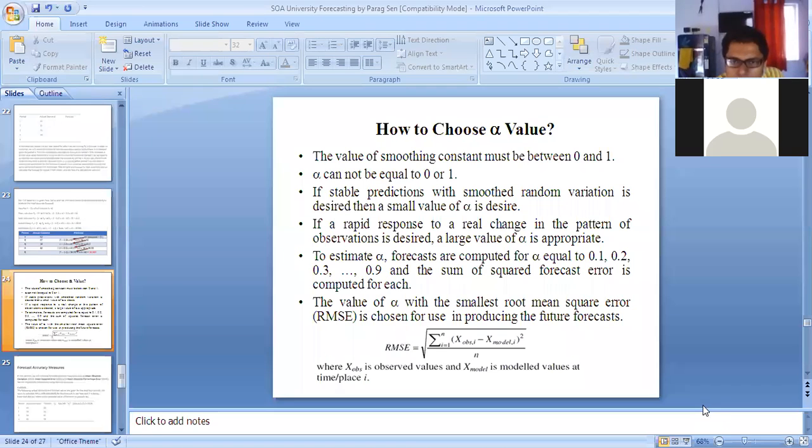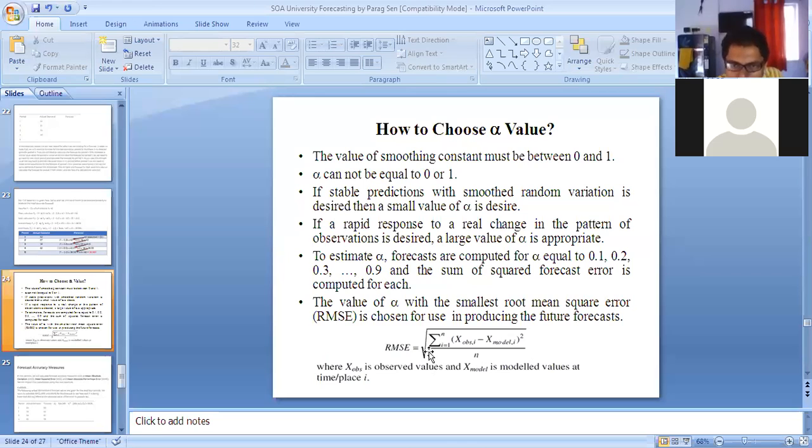Because what is root mean square error? From the name itself you can understand that you plug in all these values and find the difference between the actual value and the forecasted value. That is known as the error. Then you square it, so that is the squared error, and you take the mean value because you are dividing it by n.